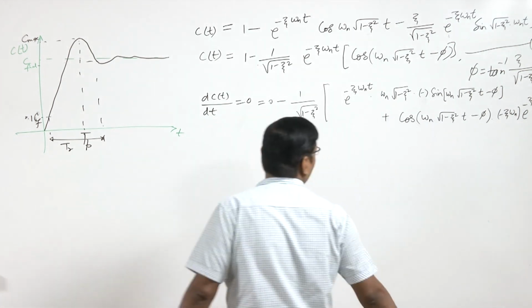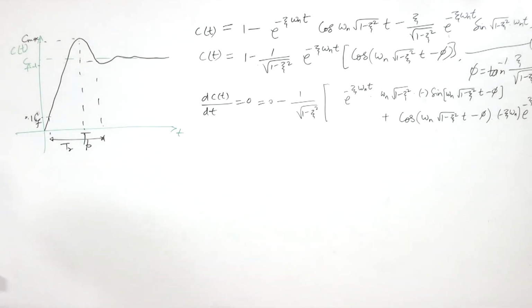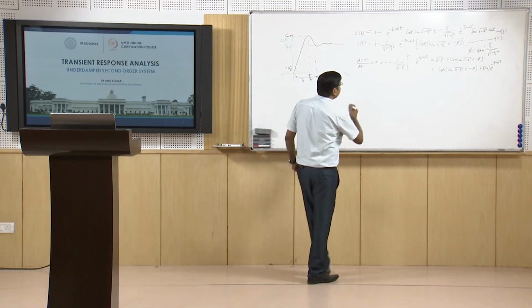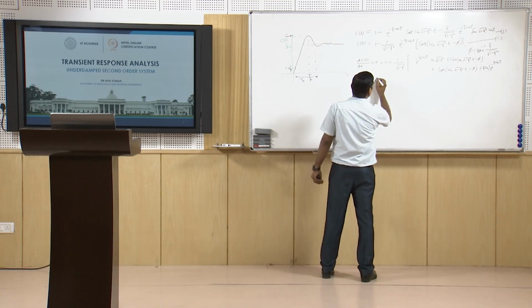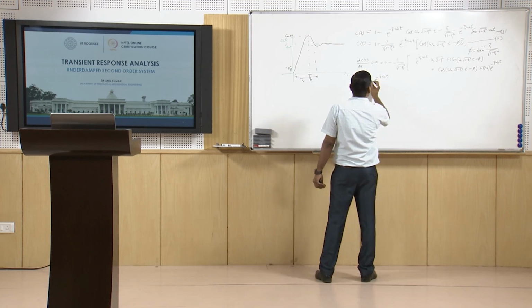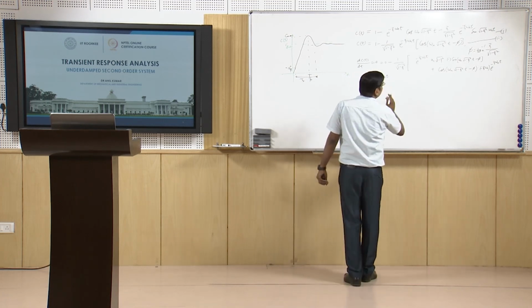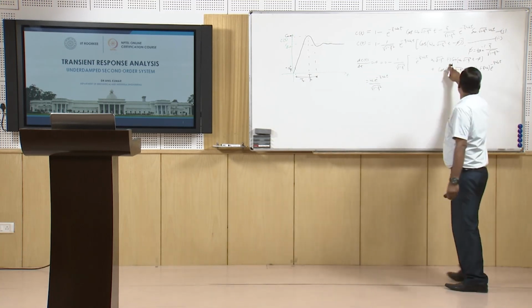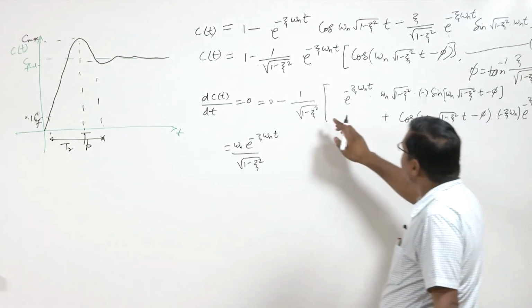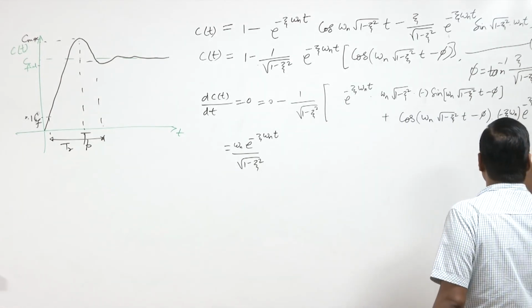So now we can write it equal to e power minus zeta omega n t into omega n by root 1 minus zeta square. So here minus we can take out, as well as this omega n we can take out.